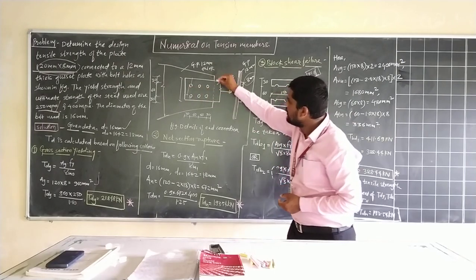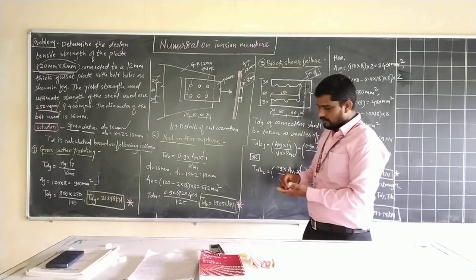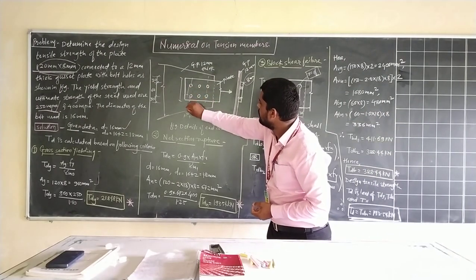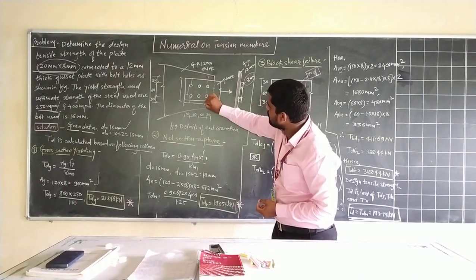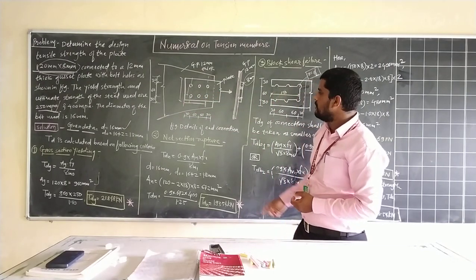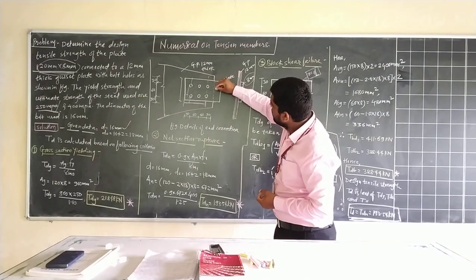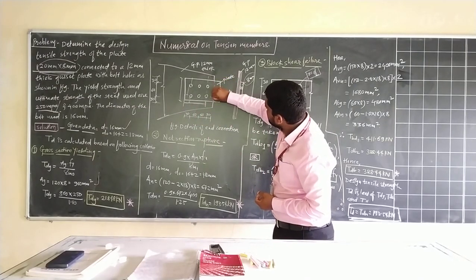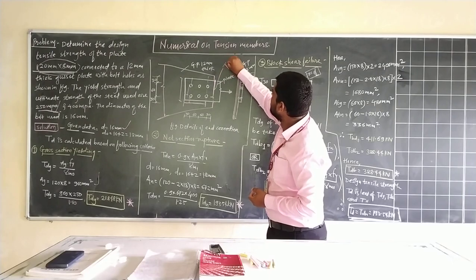According to the tension we are going to create, from the edge of this plate to the outermost bolt center, this area is called the shear area, and from this bolt to this bolt in the vertical direction, this area is called the tension area.